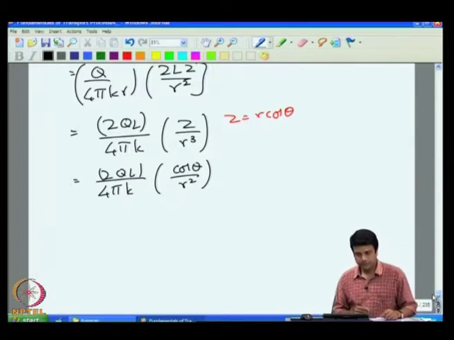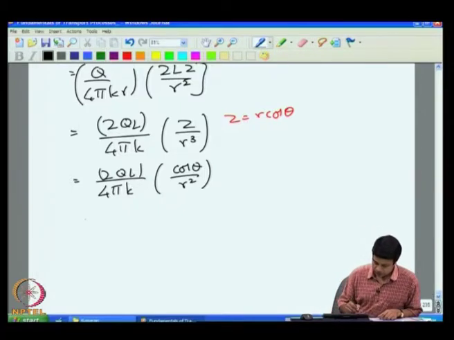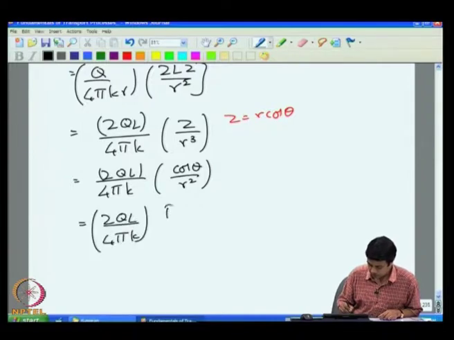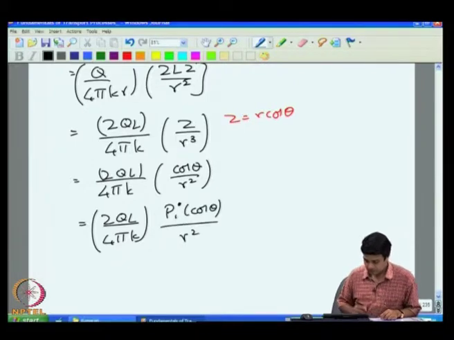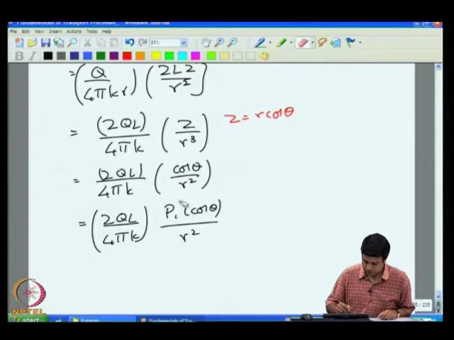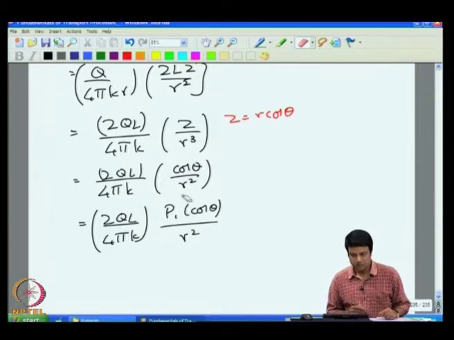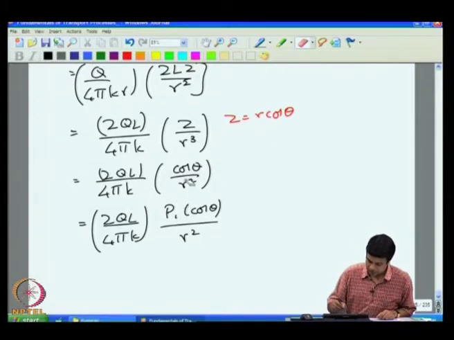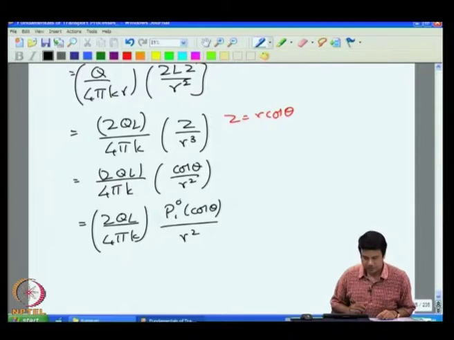Rewriting this once again, 2qL by 4 pi k into P10 of cos theta by r square, because P10 of x is just equal to x. So, P10 of cos theta is just equal to cos theta itself.